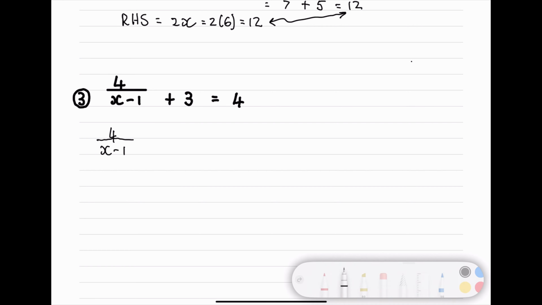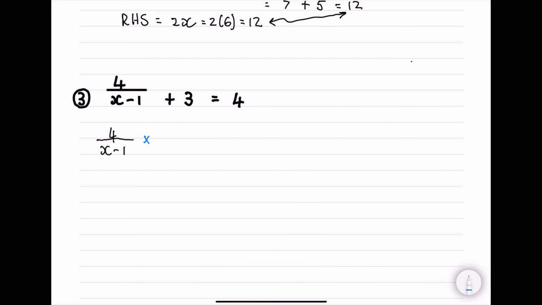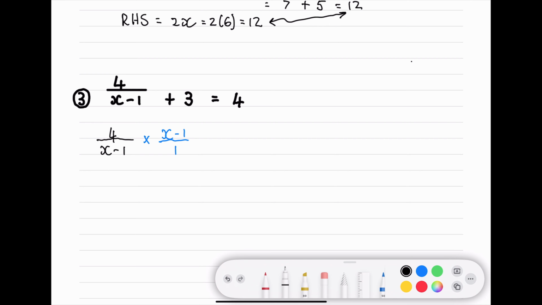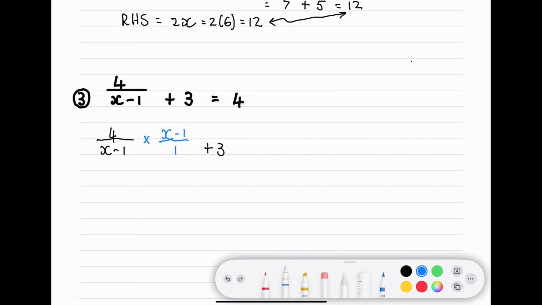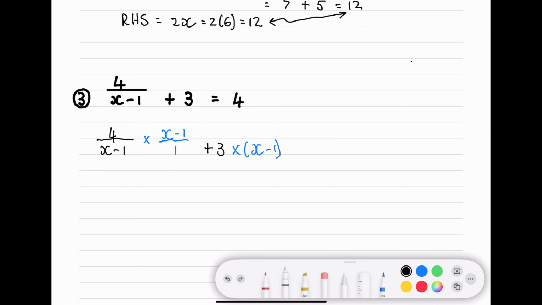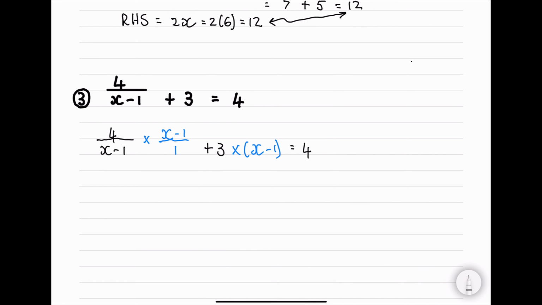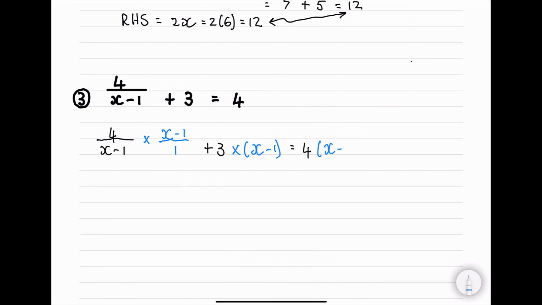You multiply every single number by the denominator, so that it cancels out. Plus 3, and don't forget to multiply this by that as well, is equal to 4, and also don't forget to multiply this by x minus 1.